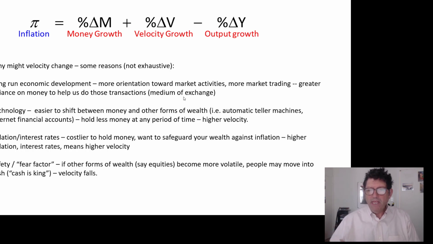This is what we call the medium of exchange function of money. So there's a long-run economic development that might suggest that over time, as countries develop and become more oriented towards markets, velocity will fall.